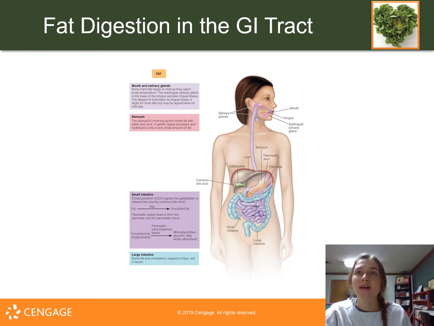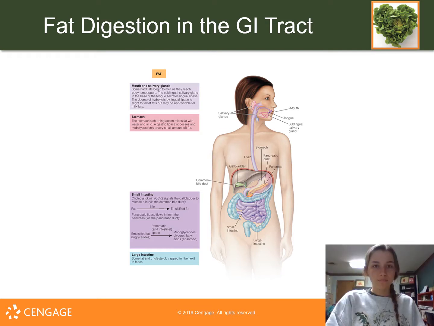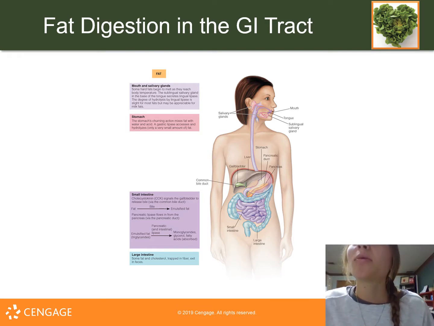If we look at the fat digestion in the GI tract, it starts in the mouth with those salivary glands, and some hard fats begin to start getting digested when they reach body temperature. The sublingual salivary gland secretes the lingual lipase, and the degree of hydrolysis by that lingual lipase is slight for most fats, but it will really start breaking down those milk fats.